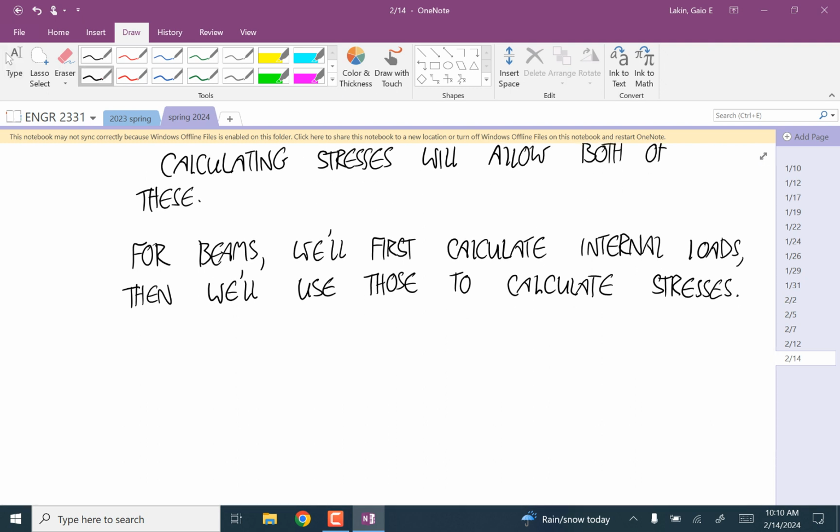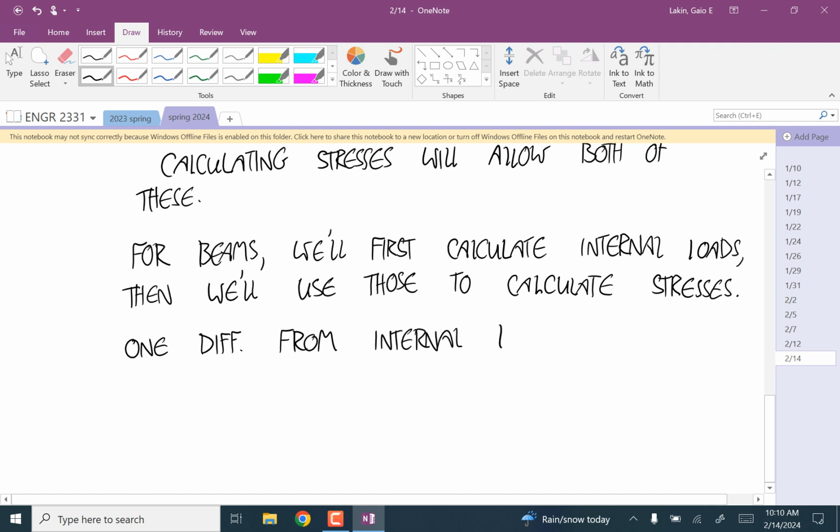But now, this is the only difference from internal loads in statics: we will now include internal torques. We had internal bending moments, but now we're going to have internal torques also.